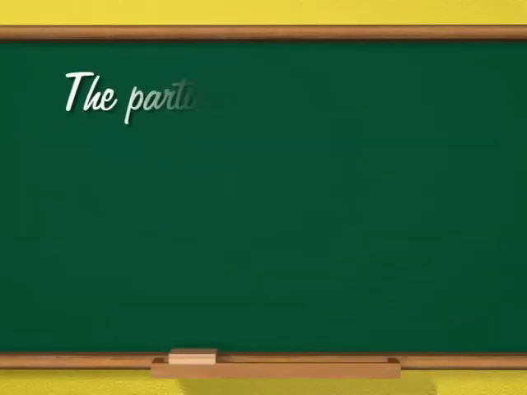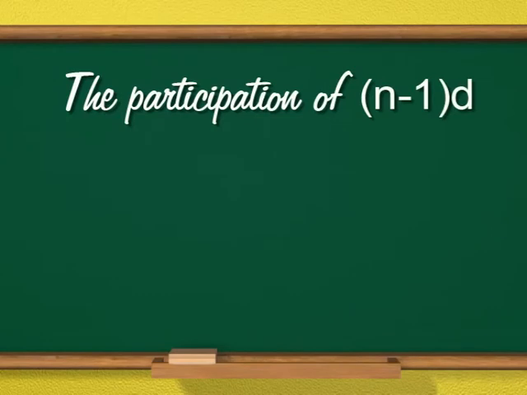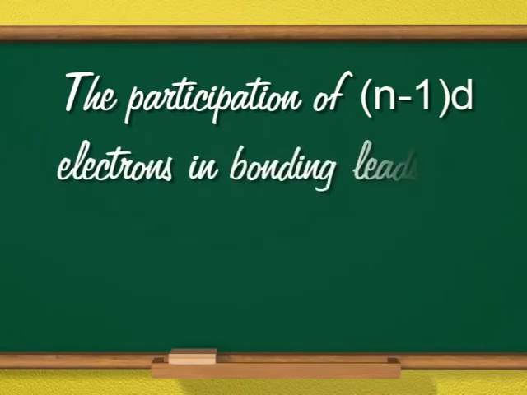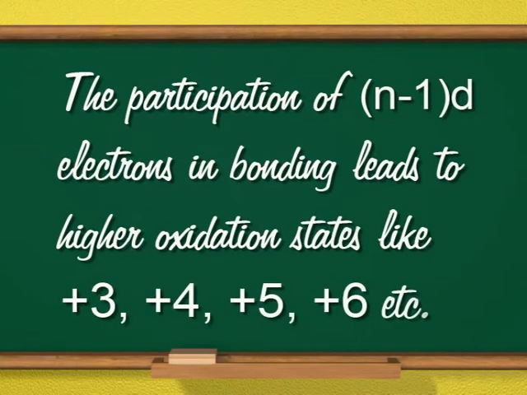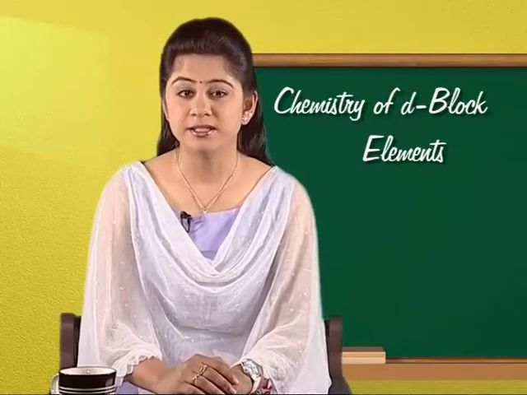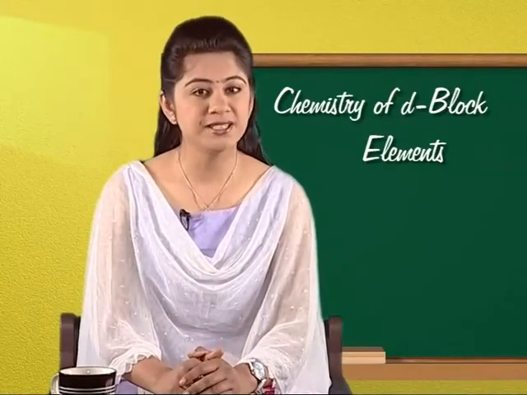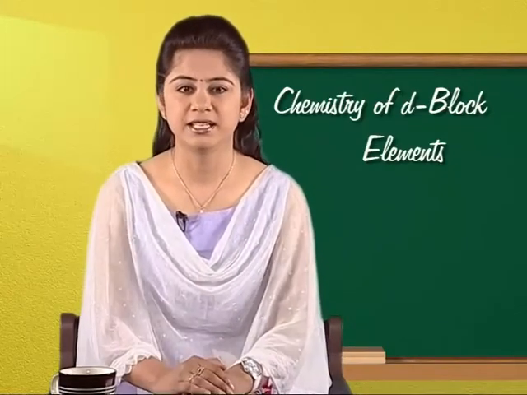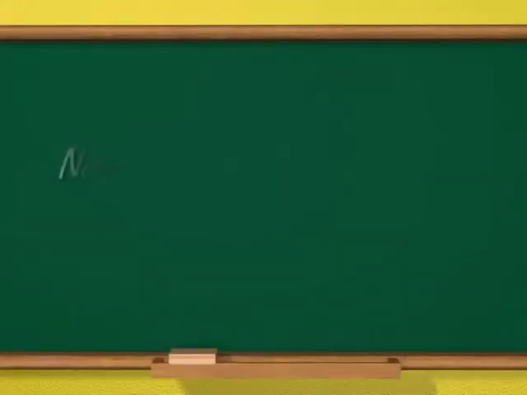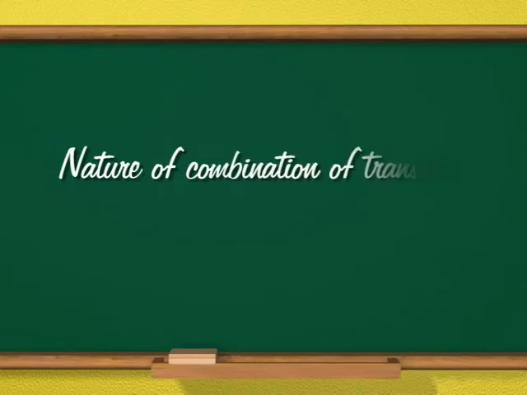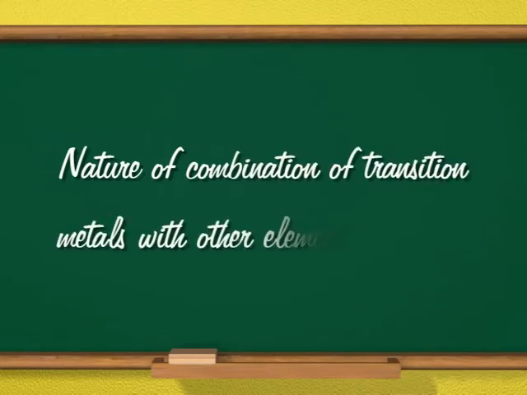The participation of (n-1)d electrons in bonding leads to higher oxidation states like +3, +4, +5, +6, etc. There is one more reason for variable oxidation states. What is that? These oxidation states depend upon the nature of combination of transition metals with other elements.